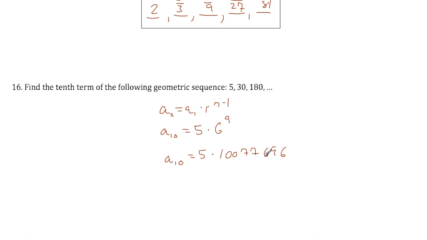And then I take that and multiply it by 5. So I get that the 10th number in this geometric sequence is this number. Put in my commas, and I'm good. So 50 million. So that's it for those.